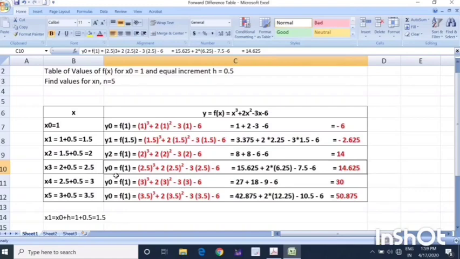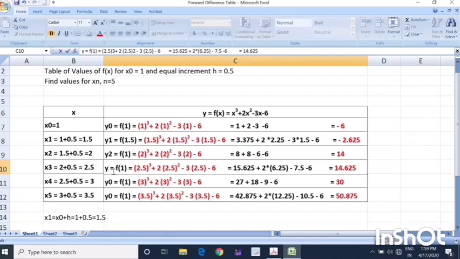Next, what is x3? x3 equals x2 plus h. x2 is 2, h is 0.5, so your x3 is 2.5. Now at this value x3 we will find the value of y3.